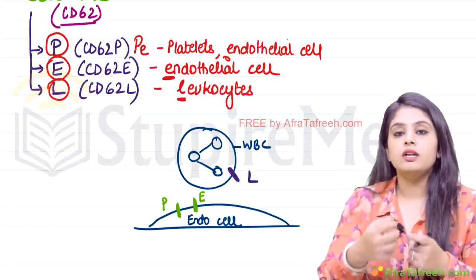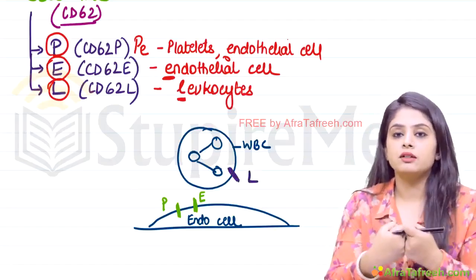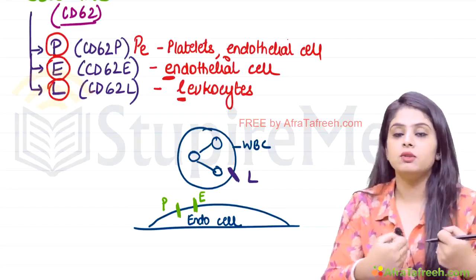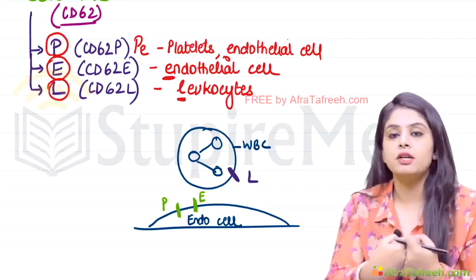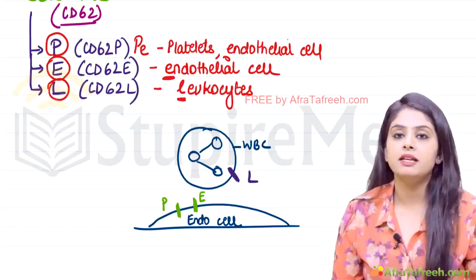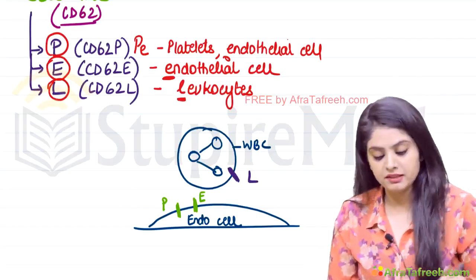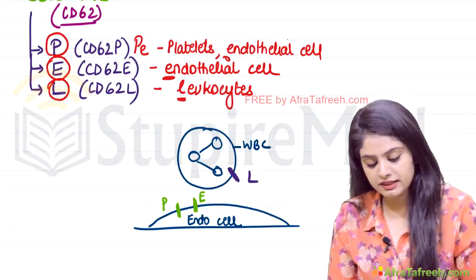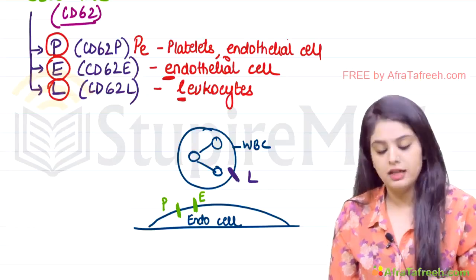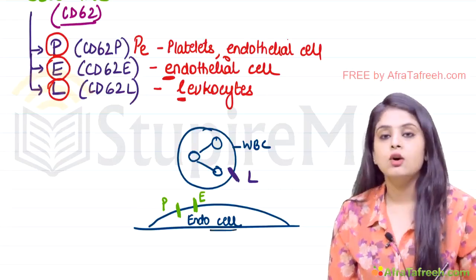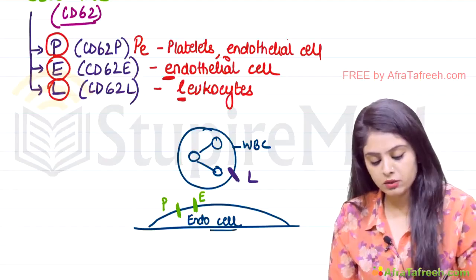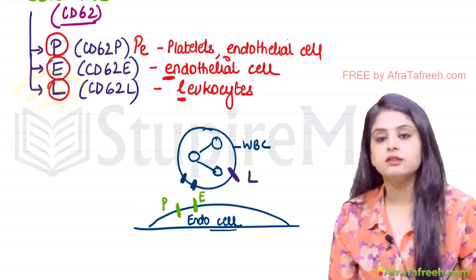Now when binding or adhesion between two things has to occur, and if one of them has a molecule, the other one must have a corresponding molecule, only then will they combine. So what do I mean by this is that if P and E selectin are present on the endothelial cells, what is their corresponding molecule that is present on the leukocyte?